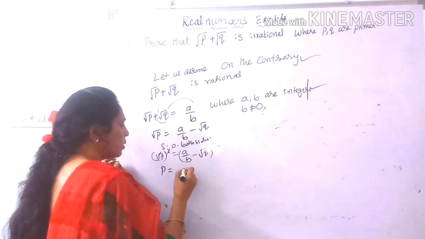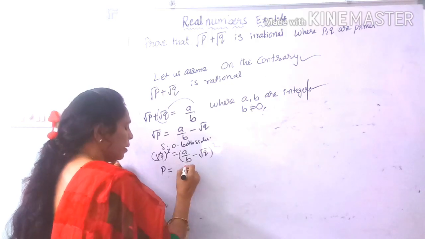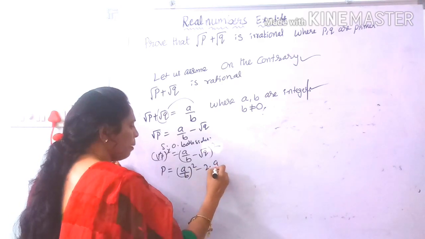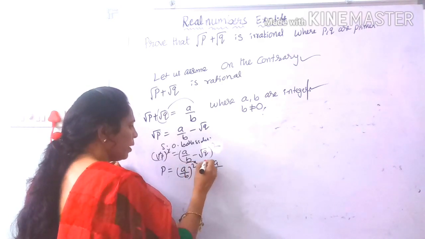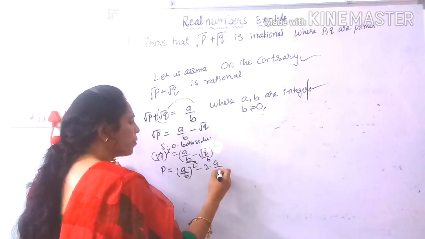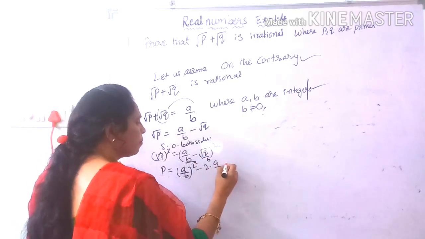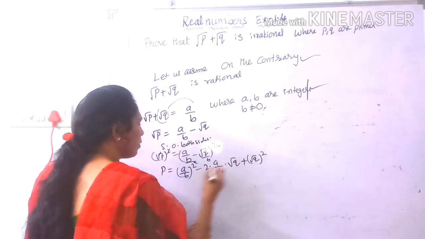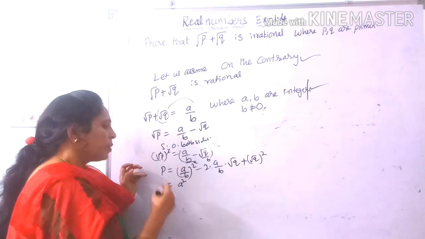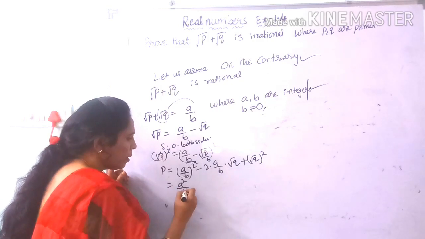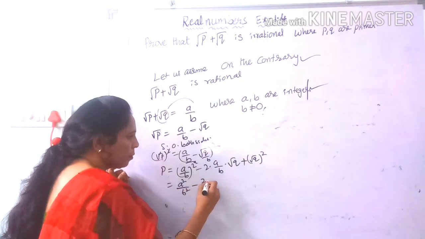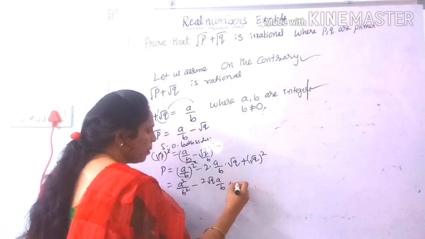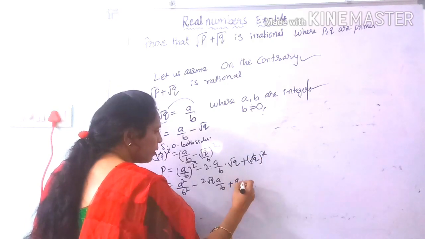Then p is equal to a square by b square, minus 2 into a by b into root q, plus root q whole square, which is q. I am separating the squares: a square by b square, minus 2 root q a by b, plus q.